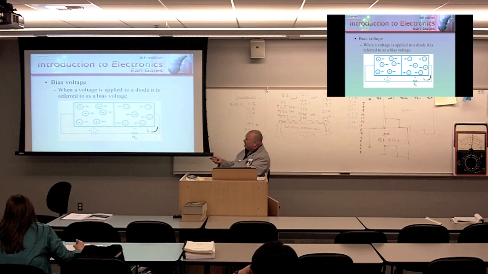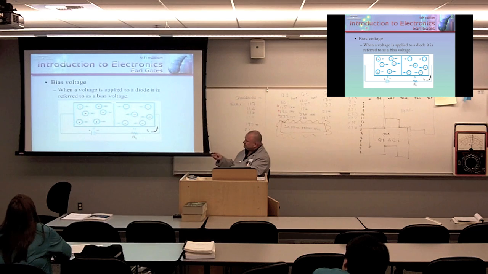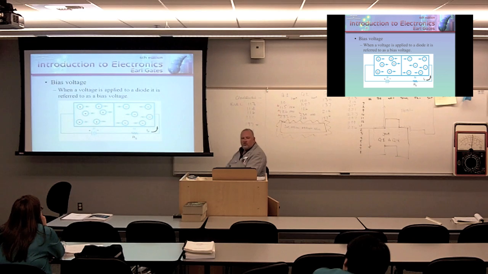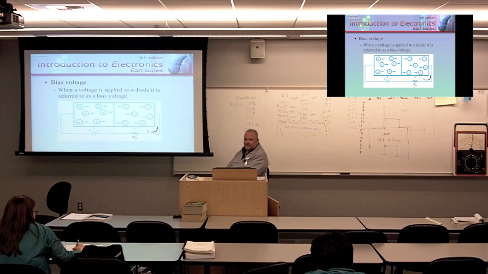So current is going to want to flow at an N material through to the P material and then complete the circuit path. This is a series circuit right here, is it not? When we put a negative on the N material and a positive on the P material, we are going to do what is known as forward biasing the diode. That's why this is a new symbol I'm going to introduce to you, I sub F, current forward.